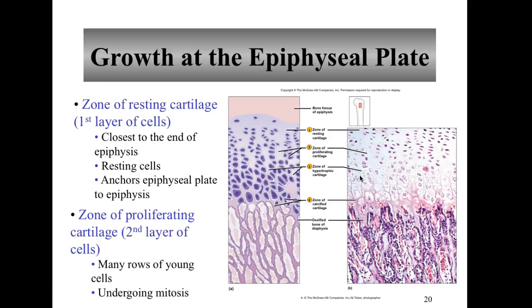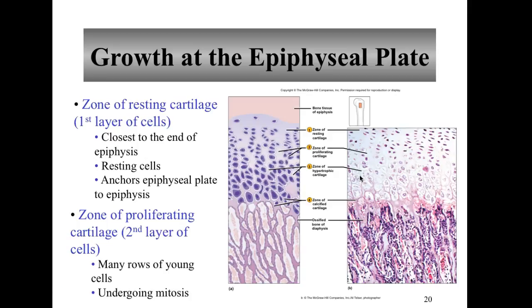It is the first layer, and basically this is going to occur near the epiphysis, and you're going to have small scattered chondrocytes around this area which anchor the plate itself to the epiphysis. So it's the closest end to the epiphysis. These are resting cells, and it anchors that epiphyseal plate to the epiphysis.